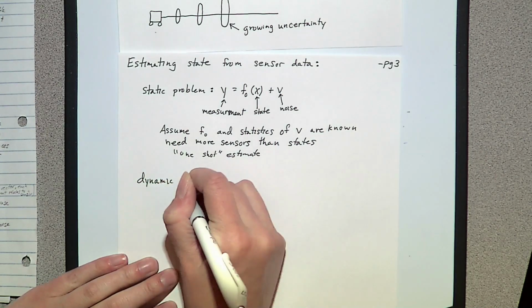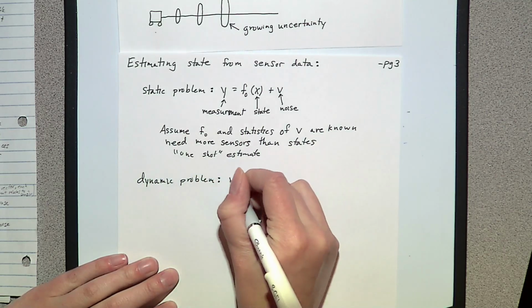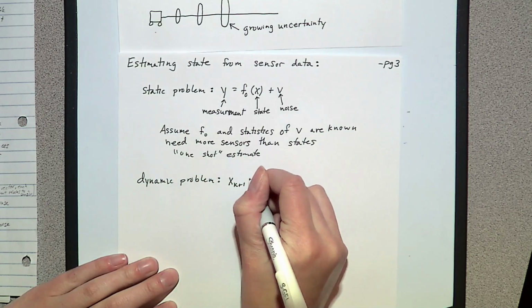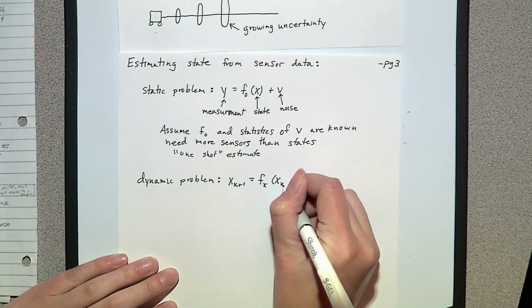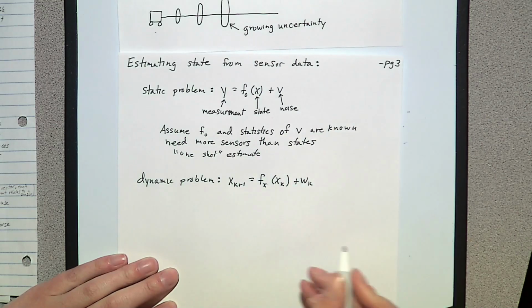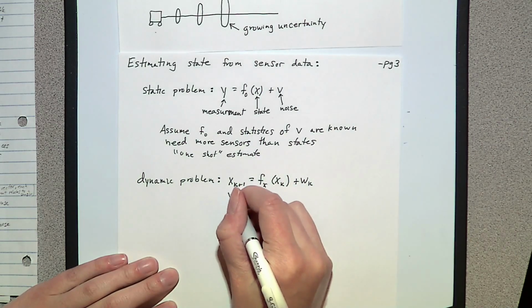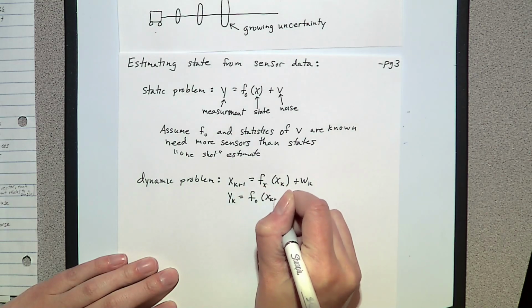The dynamic problem is where you take into account the change in the state and then your measurements are based on the state.